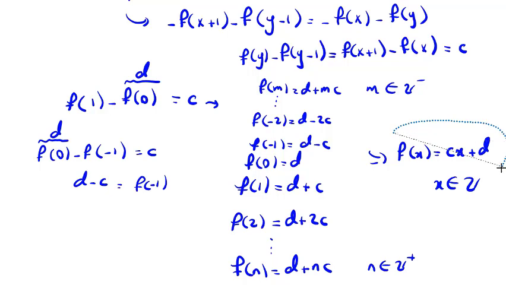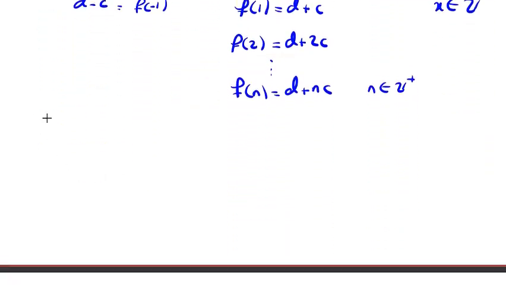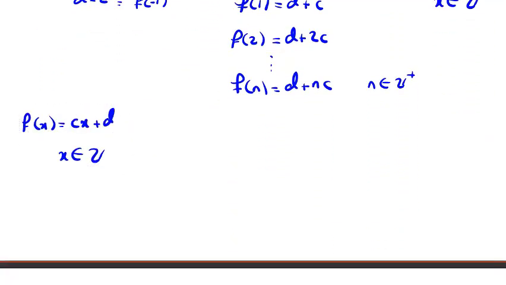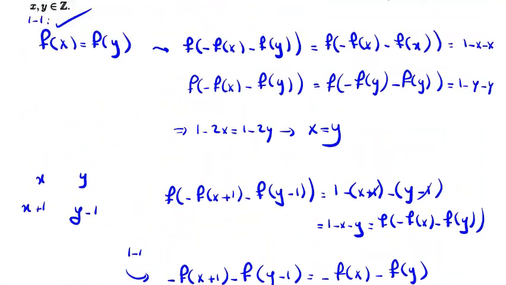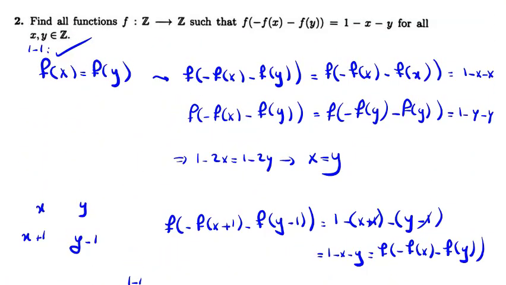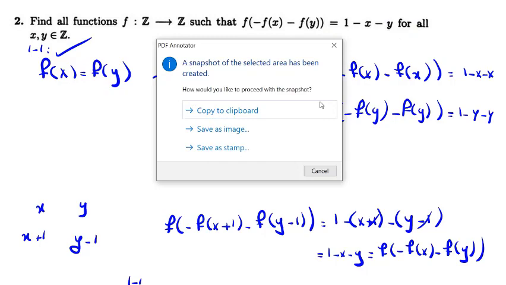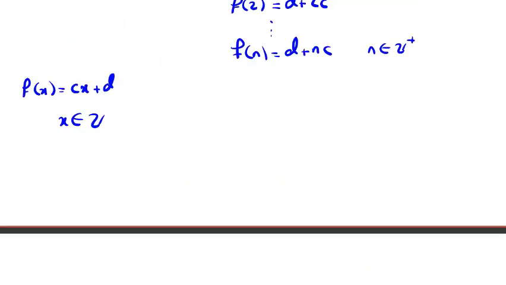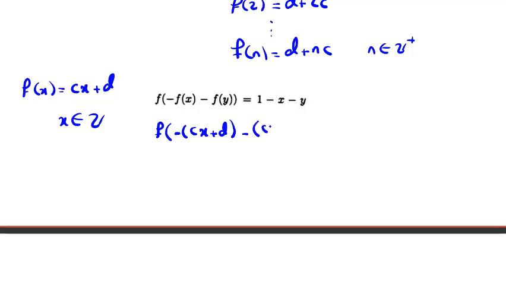Now I want to use this and the assumption of the problem to see what we can say. So f of negative f of x minus f of y is f of negative (cx plus d) minus (cy plus d), which equals 1 minus x minus y.